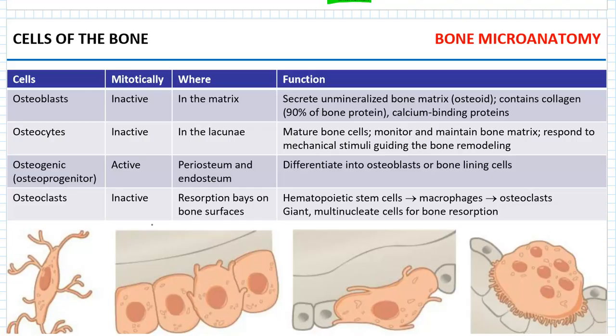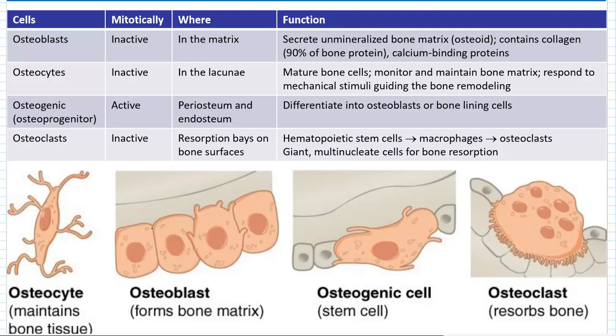Now, these are cells that comprise the bone, and we're going to start. I didn't properly put them in a table, so I will have to go back and forth. So the first type of cells is osteogenic or osteoprogenitor.